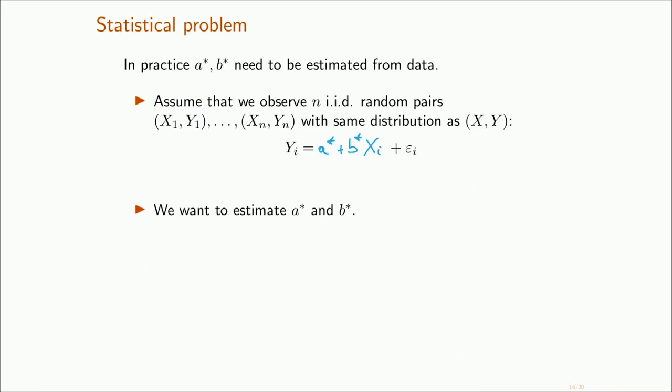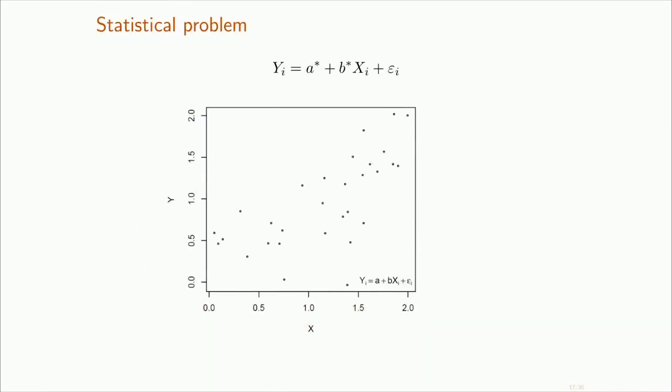And we want to estimate a star and b star. So this is what we're facing as a problem, okay? We have those points. They're not exactly on the line, right? So many points, and statisticians still manage to miss all of them.